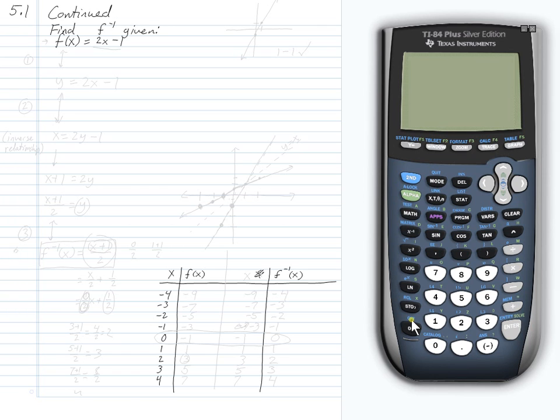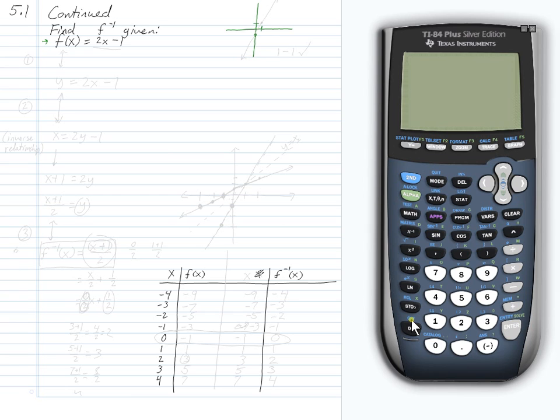Alright, so here we have our function, f of x. We would like to find f inverse. So the first thing that we want to do is determine if the inverse function will exist. In other words, determine if this function that we're looking at is 1-to-1. Now this one's very easy to graph. We've been doing this from the beginning. This is a line with a y-intercept at -1 and a slope of 2.